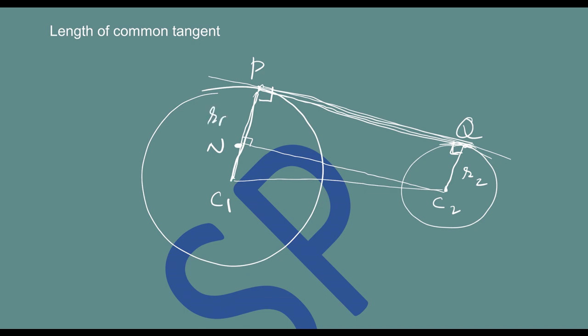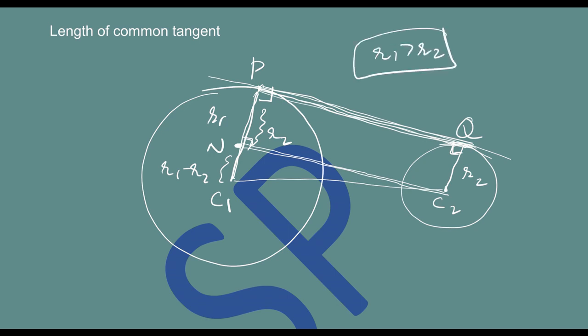Now, you want PQ, which means you want NC2 only, both are equal obviously. I want you to observe that this length is R2 now, obvious that it is a rectangle. So this length is nothing but R1 minus R2. In this case I am assuming obviously R1 is greater than R2.